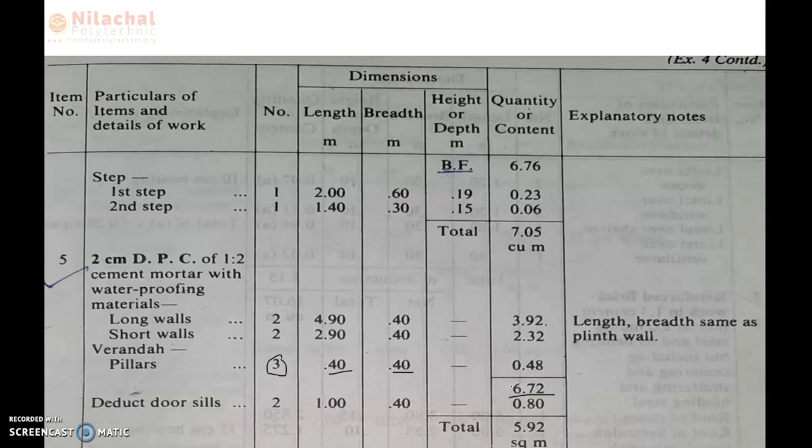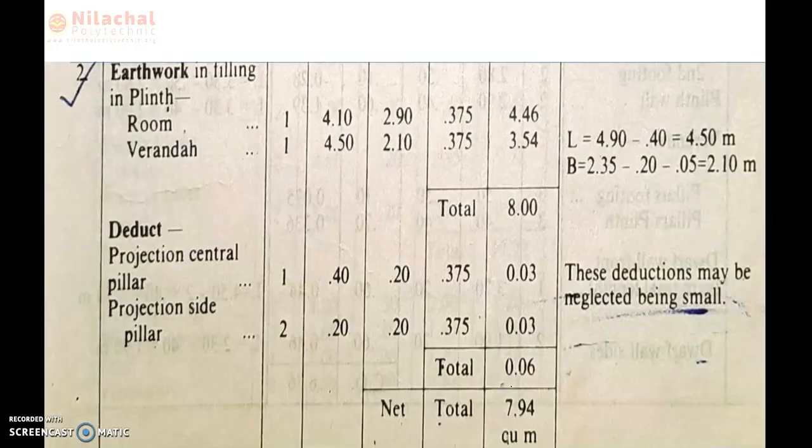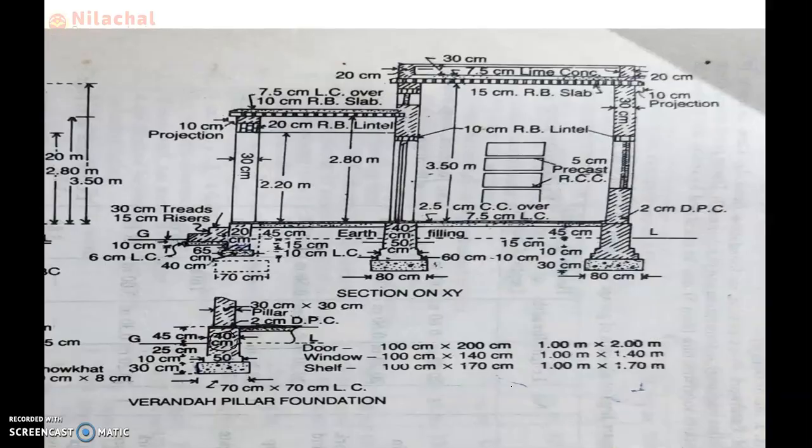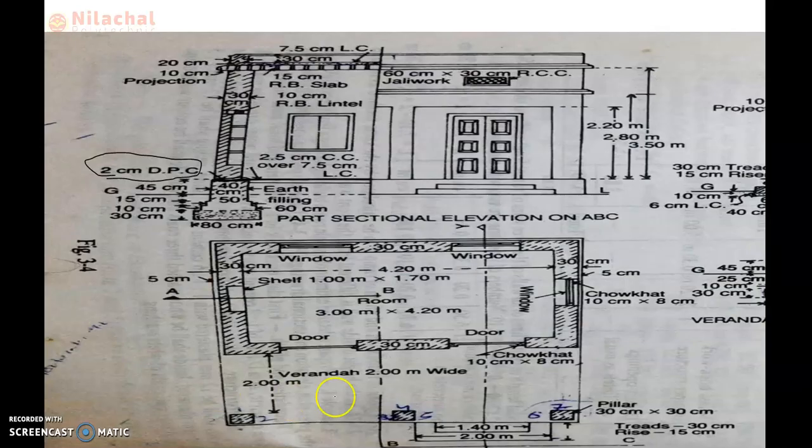So we need to first check how many doors are used. Then we can define the value of the deduction at door sill level. Here the doors are used in the diagram. This is one number and this is also one number, which is a total of two numbers.